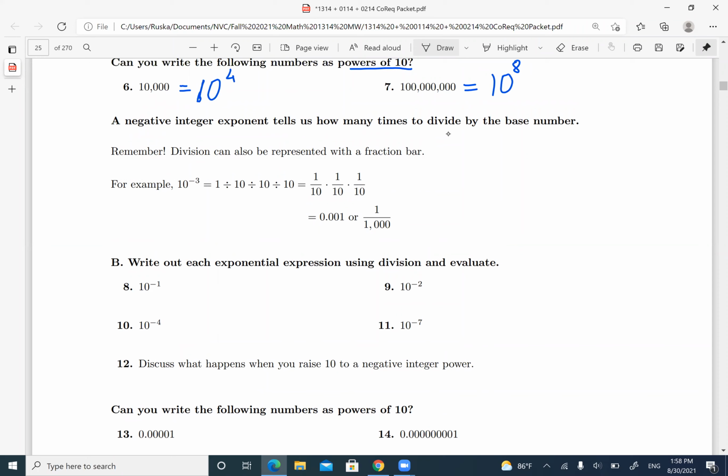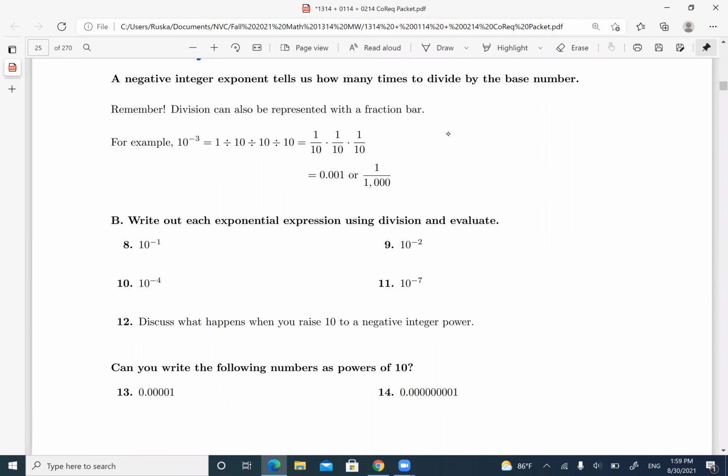So for example, if I have 10 to the negative third, you have 1 divided by 10, divided 3 times. When you write it as a fraction, it looks like 1/10, 1/10, 1/10, and it's going to be 0.001.